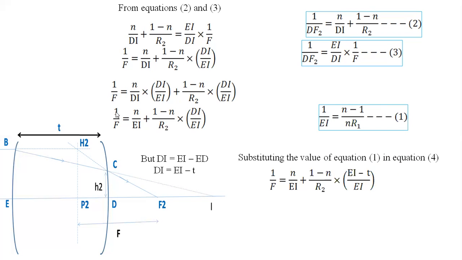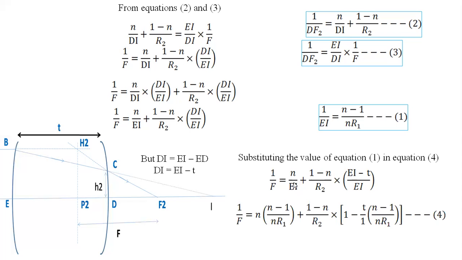Now this equation becomes 1/f = n/ei + (1 − n)/r2 × di/ei. That is, the value of di is ei minus t. Substitute the value of di as ei minus t.